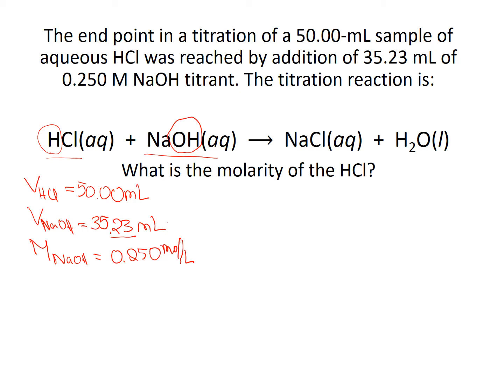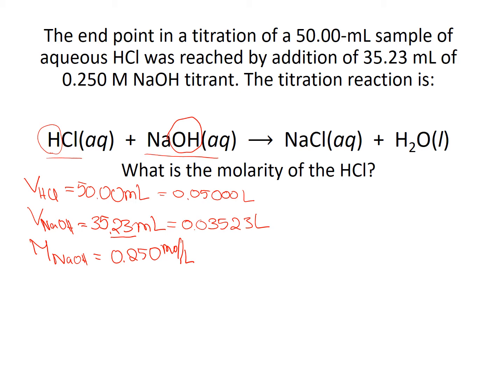The first thing I like to do is convert my milliliters into liters by dividing them by 1,000. So this is 0.03523 liters, and this is 0.05000 liters. So step 1, go to moles.